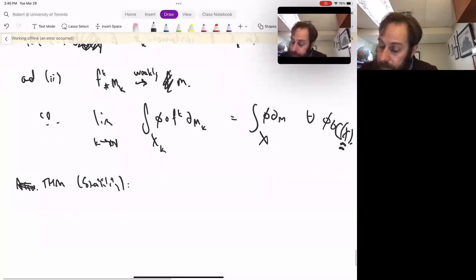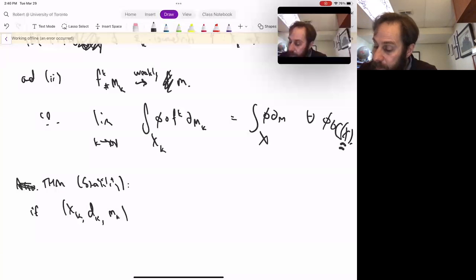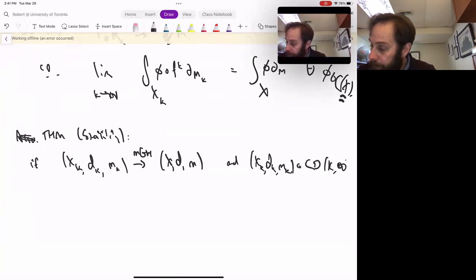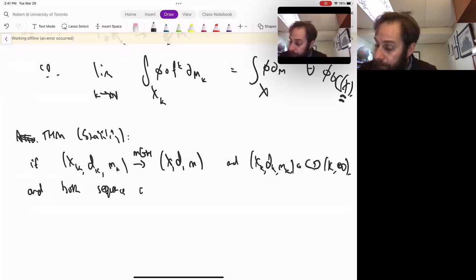If (X_k, d_k, m_k) converges in measured Gromov-Hausdorff sense to (X, d, m), and (X_k, d_k, m_k) is CD(K,infinity), both sequence and limit compact, then the limiting space is also CD(K,infinity).